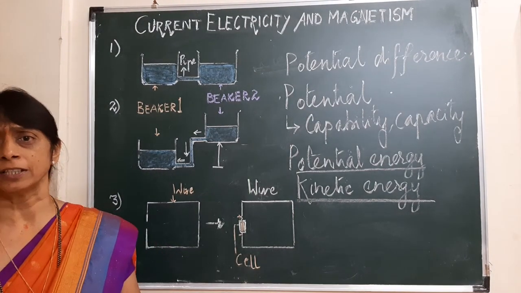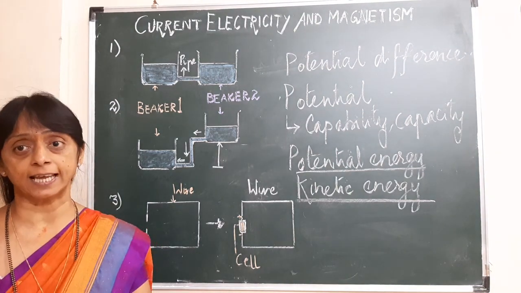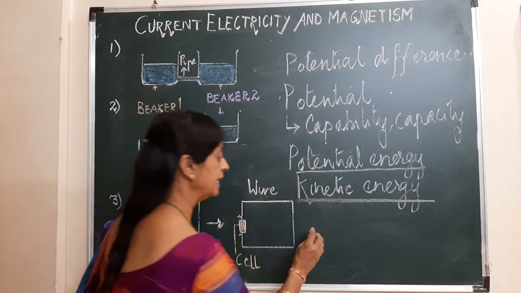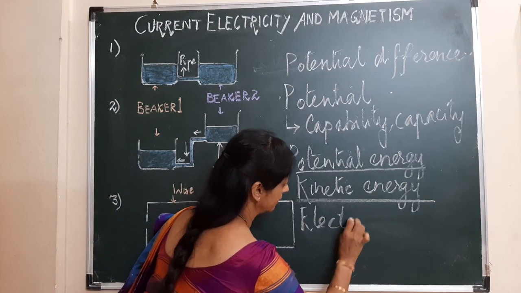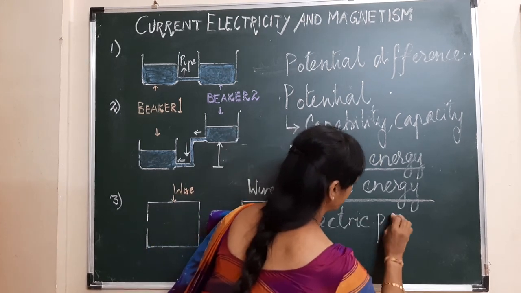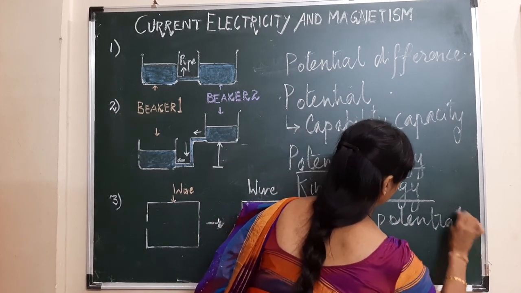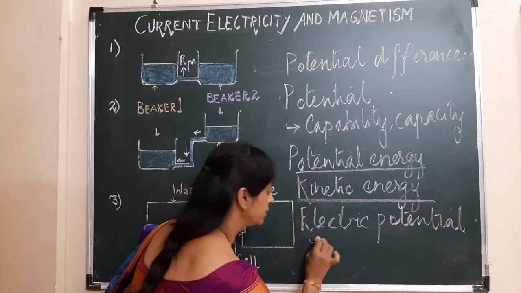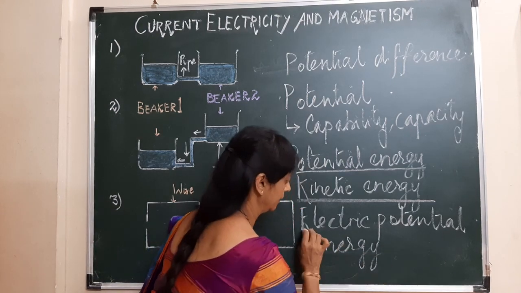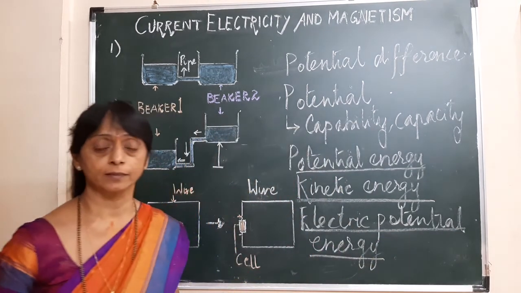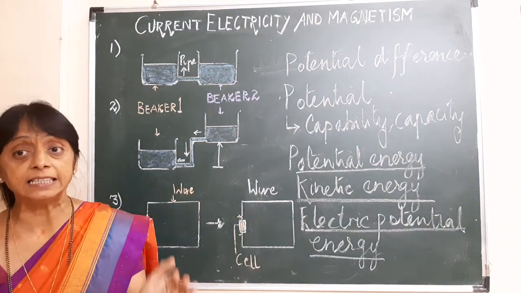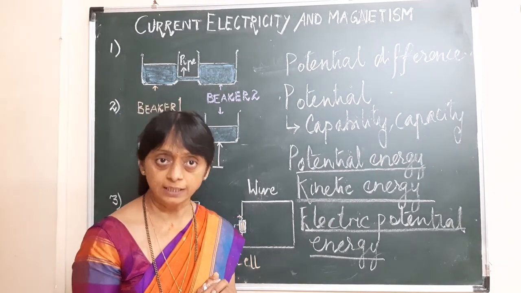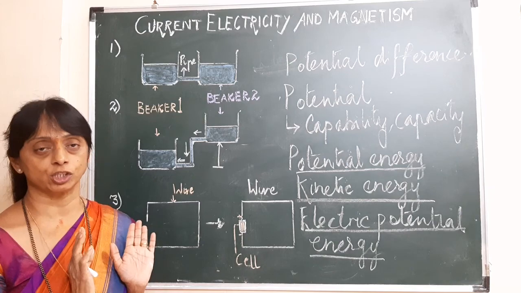Now let's get back to understanding what potential difference is. Now children, in science, let's understand the term electric potential. What is electric potential energy? Electric potential energy is the energy stored by any charge due to its position.